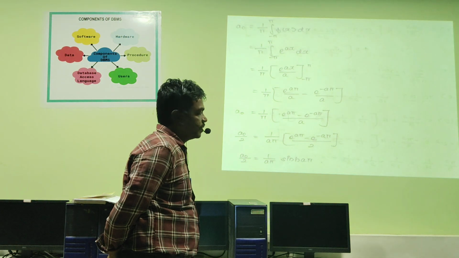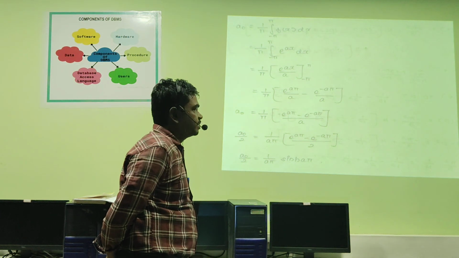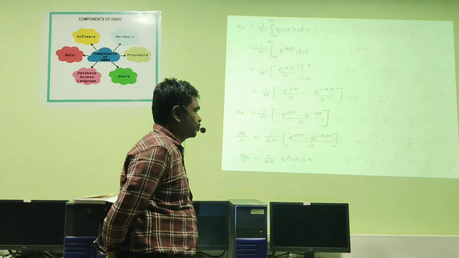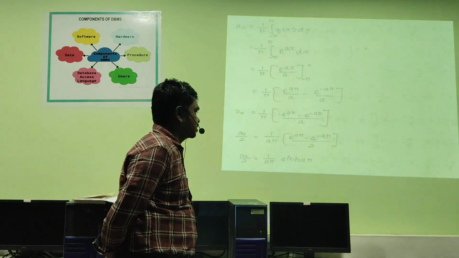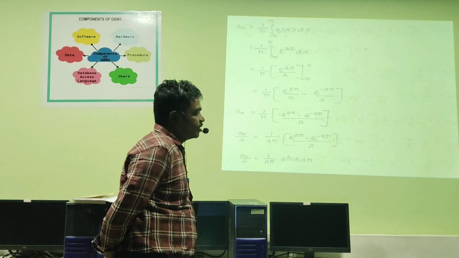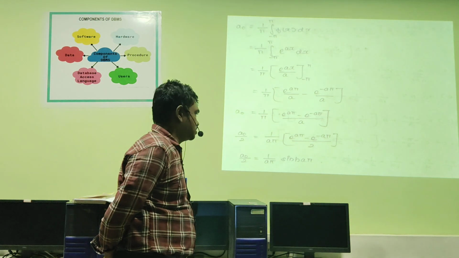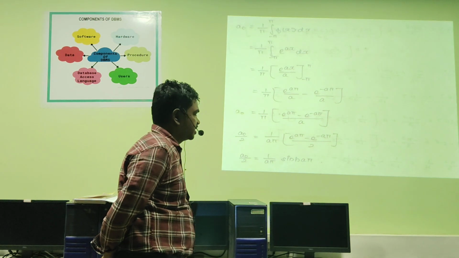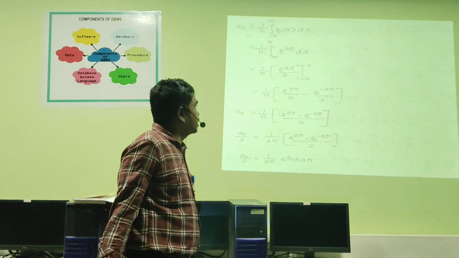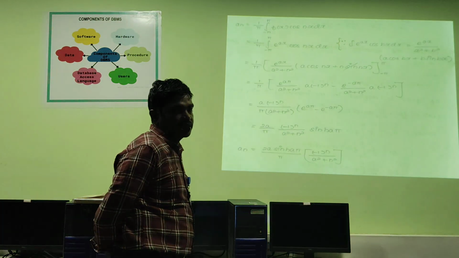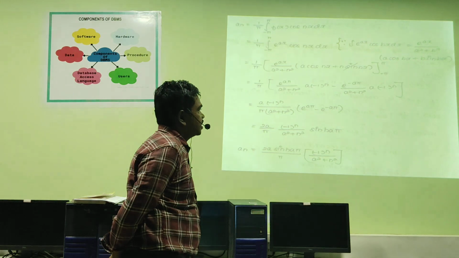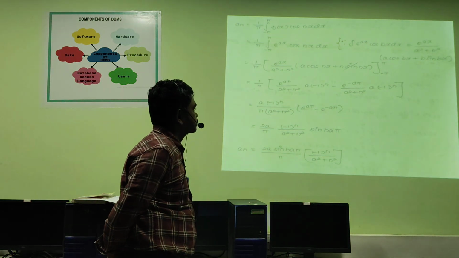But here it is e power a pi minus e power minus a pi by 2, therefore sin hyperbolic a pi. So clearly here a0 by 2 equals 1 by a pi sin hyperbolic a pi.